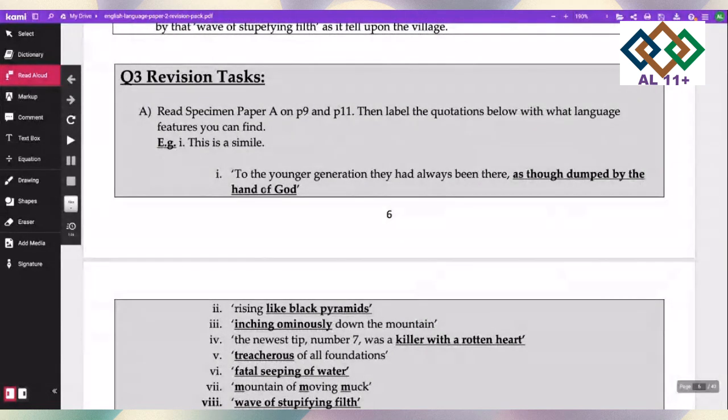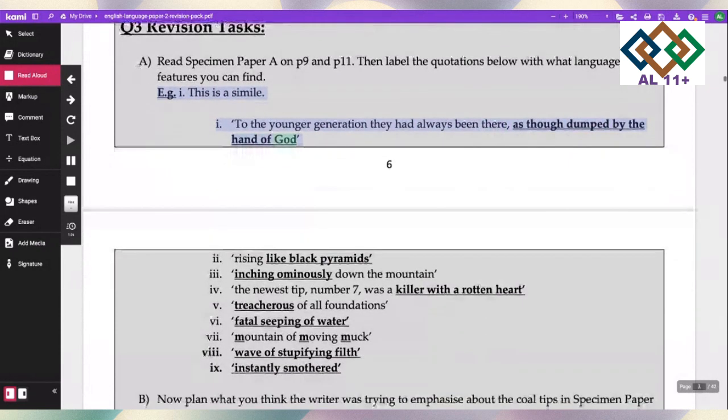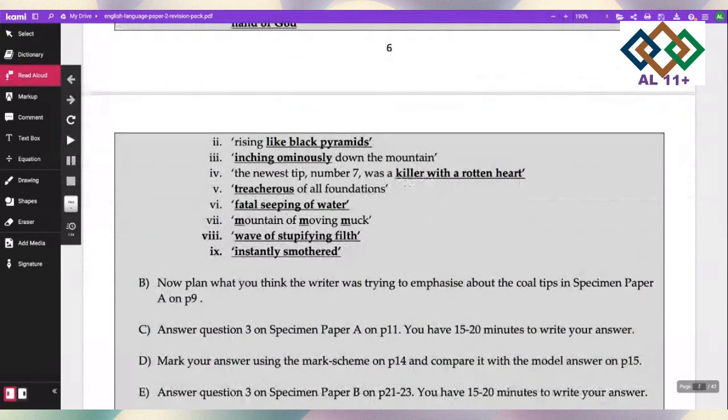Now you have revision task 3, in which you need to read specimen paper A on page 9 and page 11 to label the quotations below with what language feature you can find. E.g. one, this is a simile: to the younger generation, they had always been there, as though dumped by the hand of God. And there are other ones you could also find.